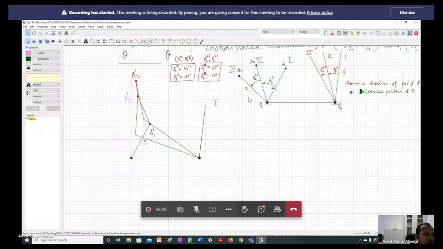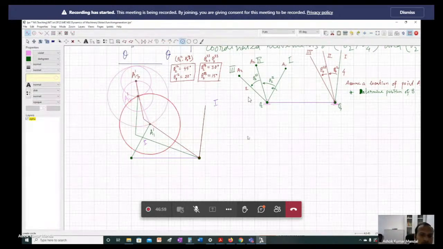To draw the perpendicular bisectors, the method I follow, I draw a circle here, another circle here, then a circle there, another circle. Okay.